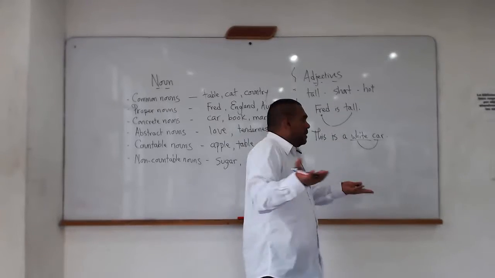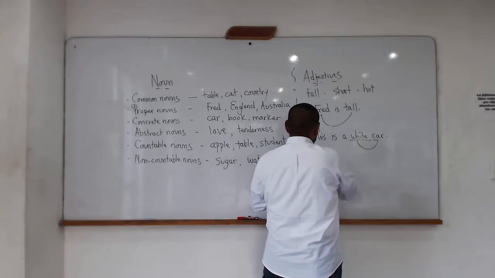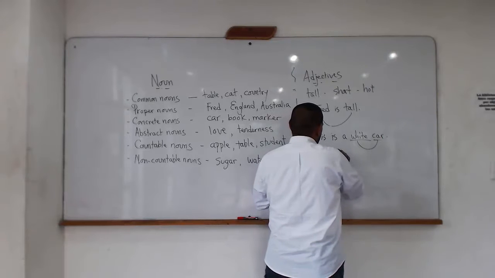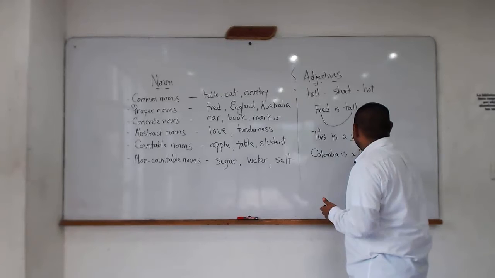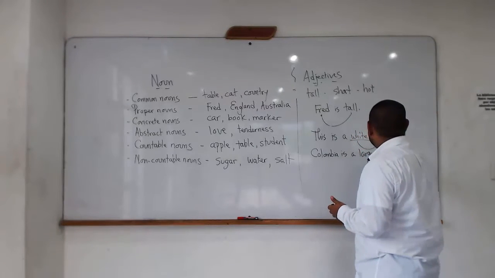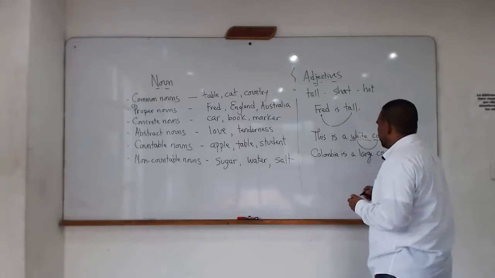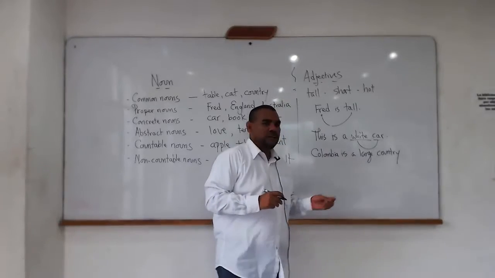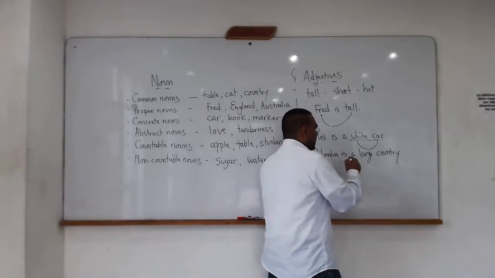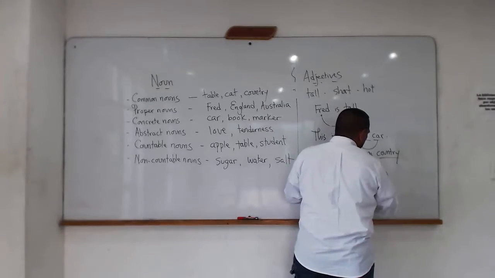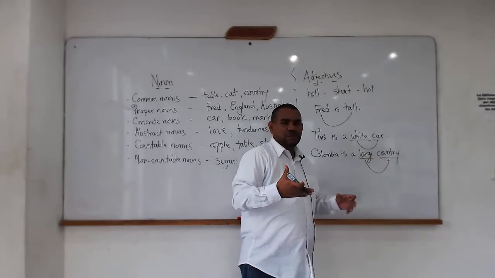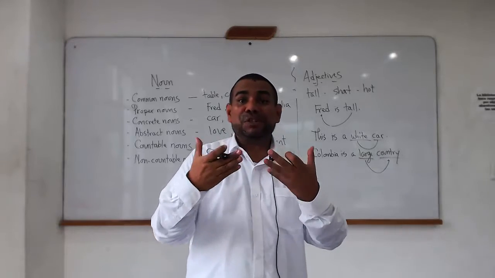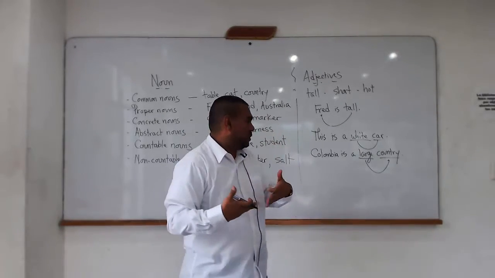In the same way, for example, we can say beautiful country. Colombia is a large country. No separation is established between large and country, so large modifies country directly, and that is why the adjective has to appear first and the noun comes later.